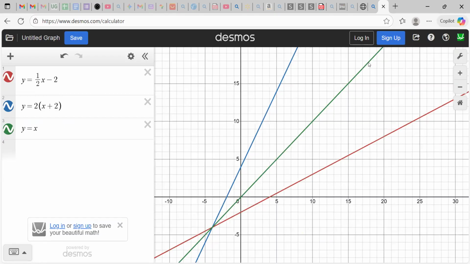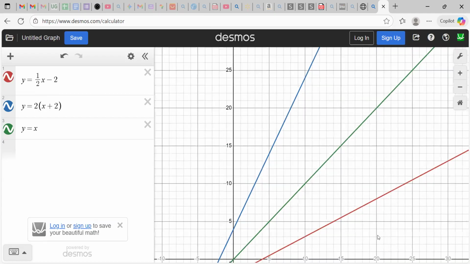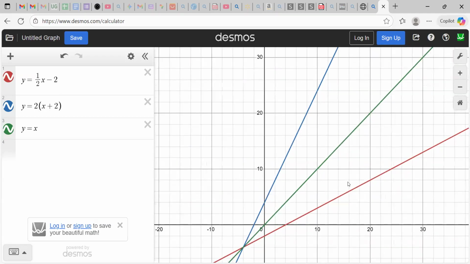Think of this green line like a mirror. So this is reflected in there, right? See it? Doesn't it look like the reflection of one another? Yes, sir. It's just one of those miracles of geometry and mathematics as a whole.